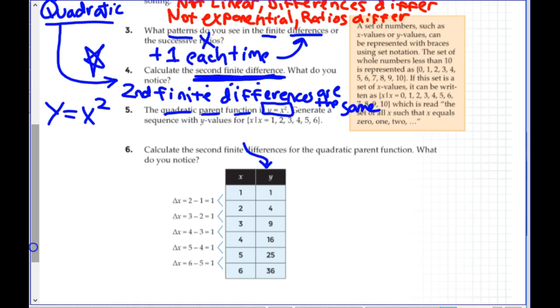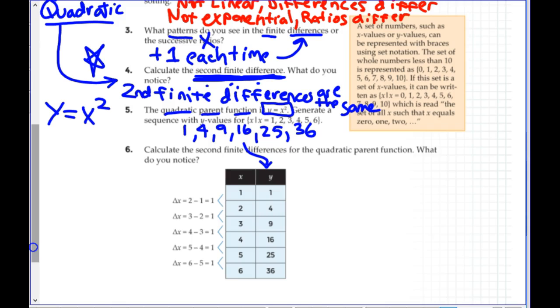So what's the y values all the way down here? 1, 4, 9, 16, 25, 36, okay? Now, they wanted you to do that yourself, but you know what squared means, right? Times the same number. So 1 times 1 is 1. 2 times 2 is 4. 3 times 3 is 9. 4 times 4 is 16. 5 times 5 is 25. 6 times 6 is 36, right?